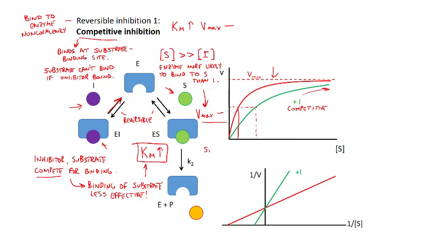Remember, the slope of a Lineweaver-Burk graph is equal to Km over Vmax, and the y-intercept is equal to 1 over Vmax. So you'll notice that on the Lineweaver-Burk graph, the y-intercept does not change because the Vmax does not change. But the slope increases because the Km has increased. So on a Lineweaver-Burk graph, the slope goes up, but not the y-intercept.